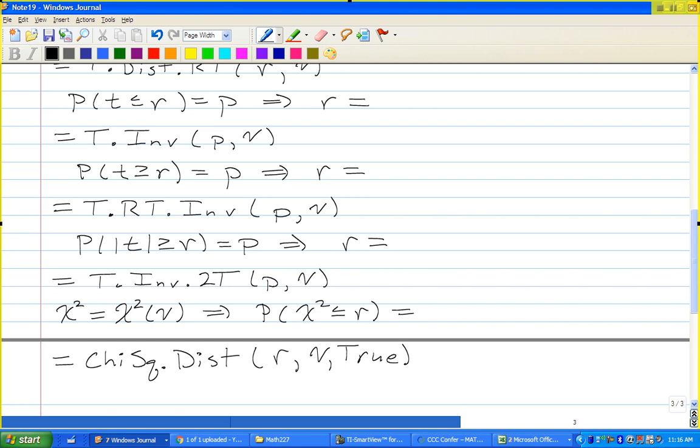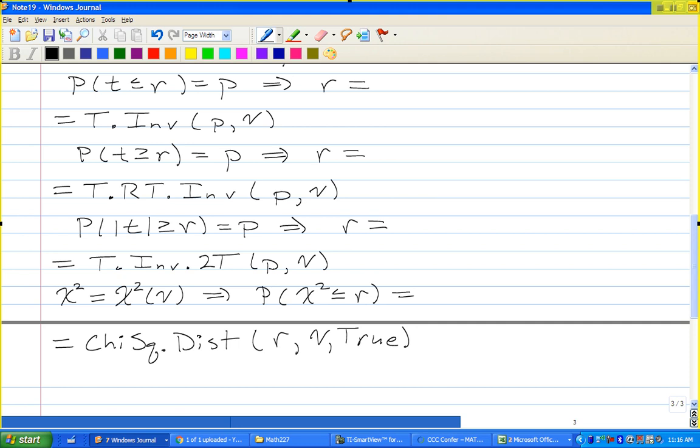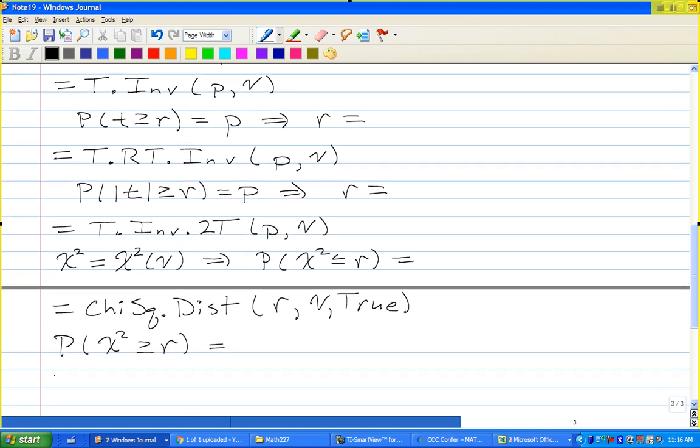Next, if you wanted to calculate the probability that chi-squared is greater than or equal to r, then it would equal chi-square distribution, and that will be a right tail.